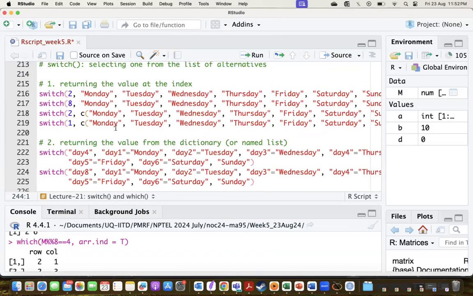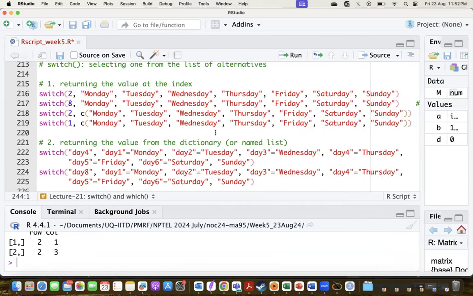And finally, moving to the switch command. So there are two ways in which the switch command works. When it returns the value at a given index, the first argument is going to be a number, and the second argument, and all the subsequent arguments, are going to be treated like a vector.